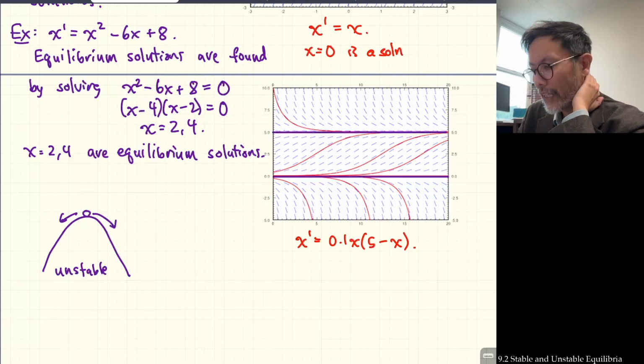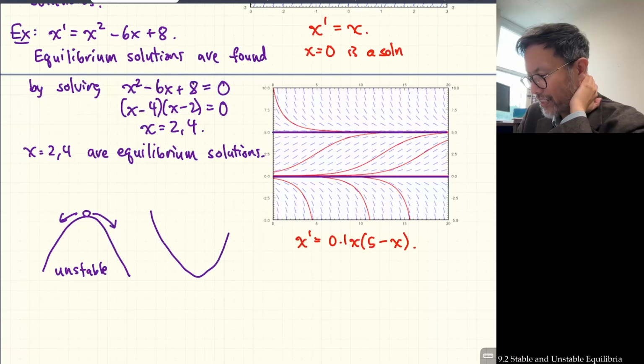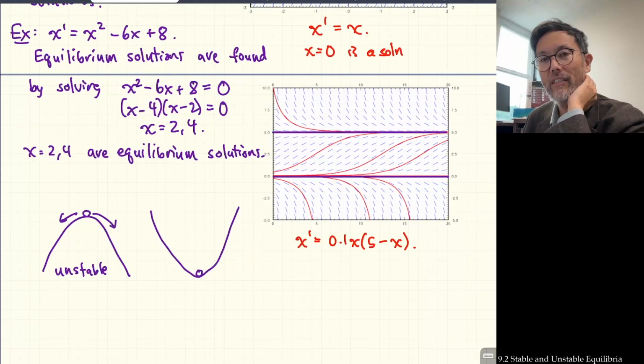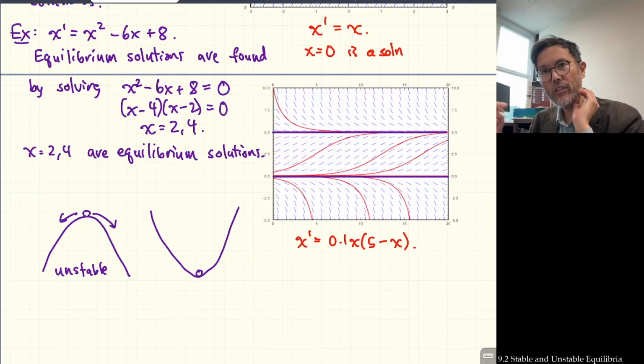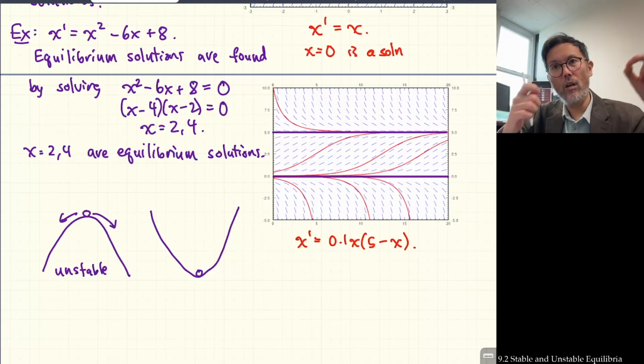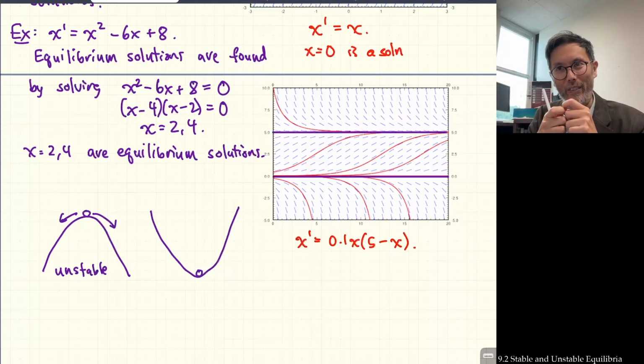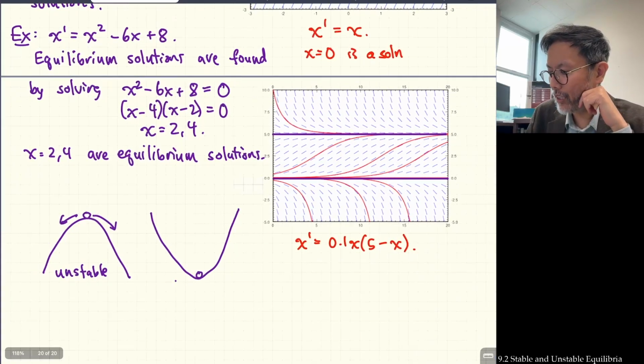Contrast that with a marble that's sitting at the bottom of a valley. If you push the marble in either direction, it doesn't matter, it will return to where it was in the long run. This would be called a stable equilibrium.